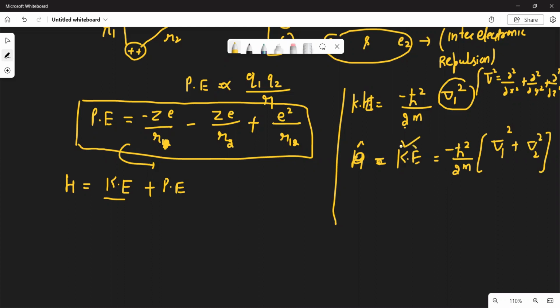Now we will put this kinetic energy and potential energy into this expression to get the Hamiltonian. The Hamiltonian is an operator, so we write the operator by putting a cap on it.